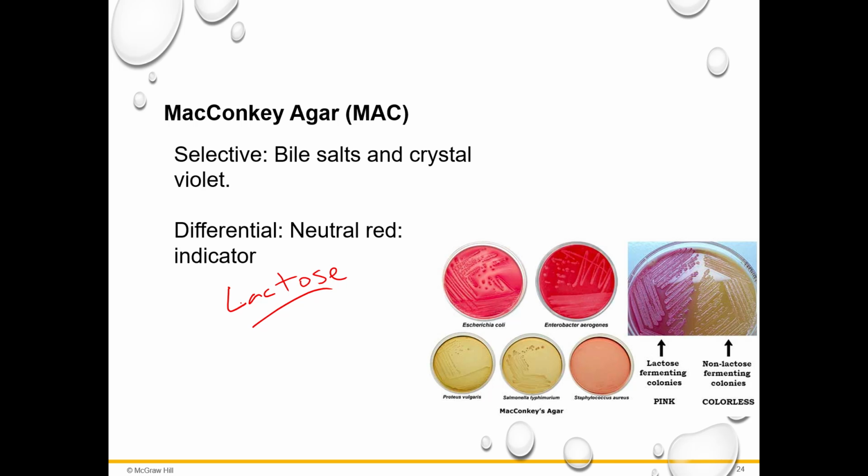We care about the bad guys, the ones that are causing the infection. So kill off the good guys, that eliminates some of the growth on the plate, and then you leave the bad guys for us to investigate. It's also differential based on lactose fermentation. If it is a lactose fermenter, it could potentially be E. coli. If it's not a lactose fermenter, it could potentially be Pseudomonas.